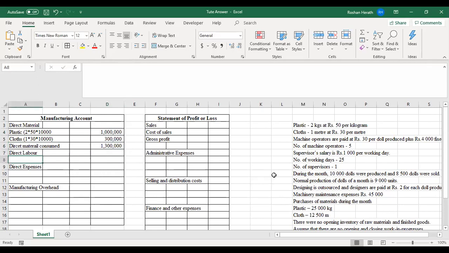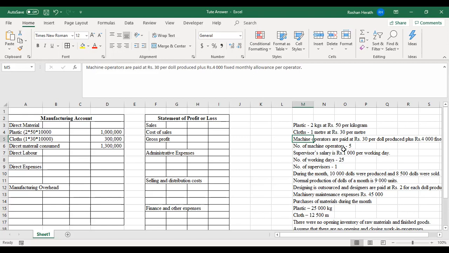Then we come to direct labor. It says that machine operators are paid 30 per doll plus 4,000 fixed monthly allowance. So it's basically a semi-variable cost. There are 5 machine operators.